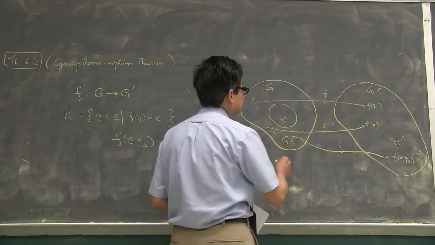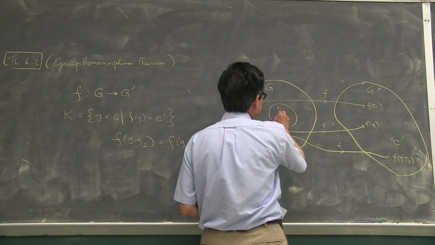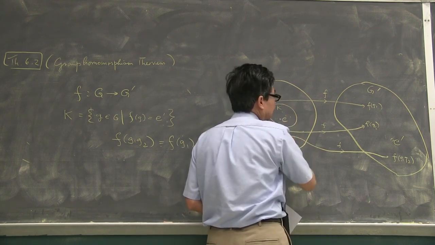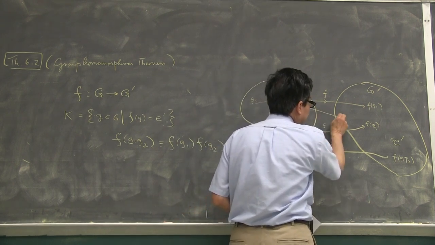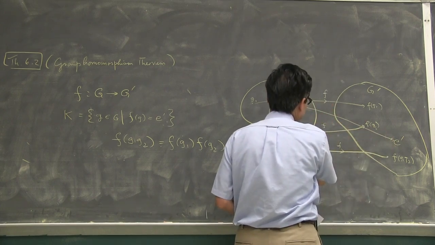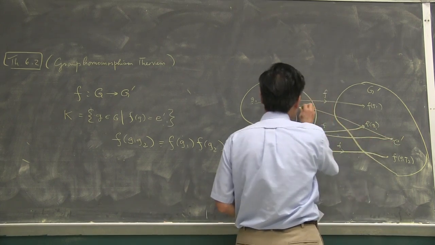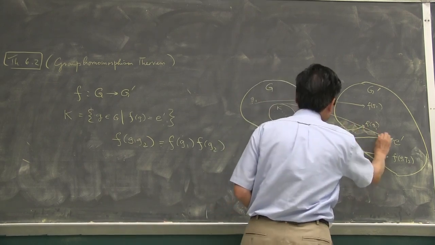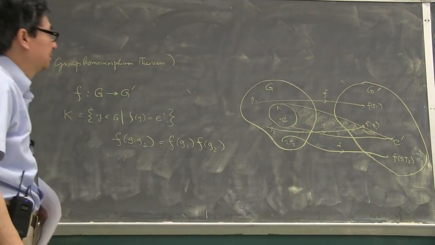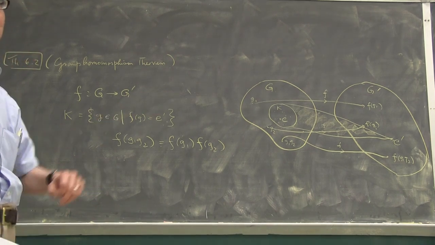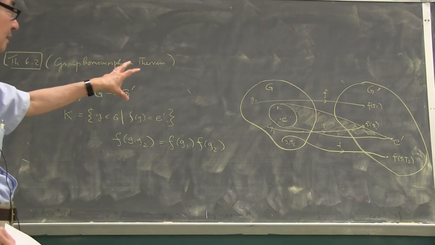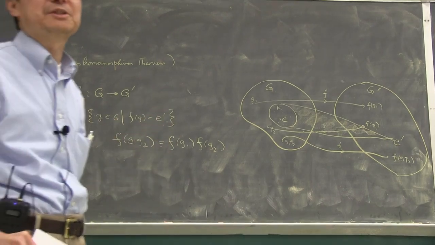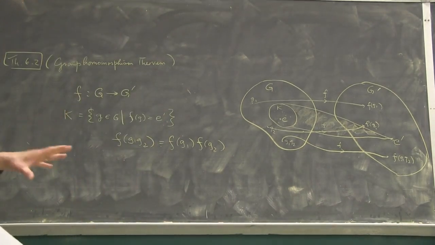But if you have a situation where everything in this set in here gets mapped to this one single element, I hope I'm not making the diagram too confusing, right? It's like a mapping. All of that set gets mapped to the one single identity in the other group, then that K is called the kernel of the homomorphism F. Okay? It's called a kernel.